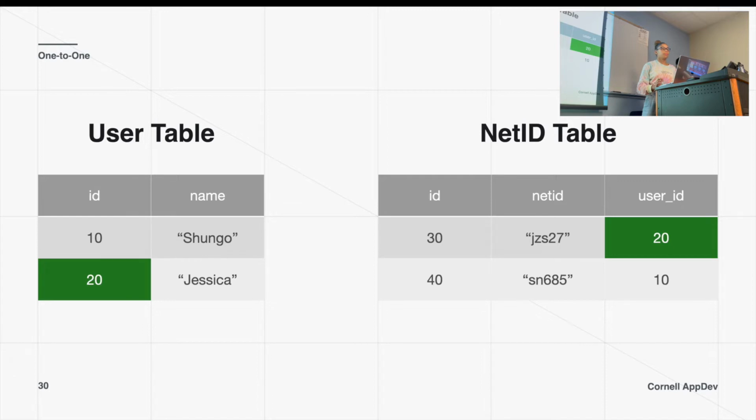Users have their own user ID and their own net ID. Why not put net ID into the user table as a field? Oh, great question. We'll get into that later in the lecture. That's a great question that I want you to think about, and we'll cover it later on in lecture.